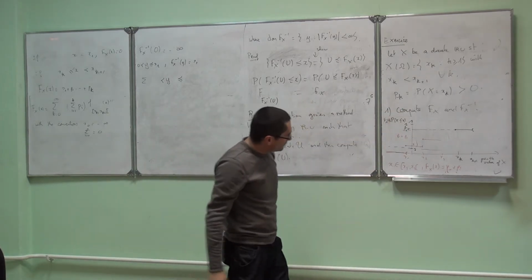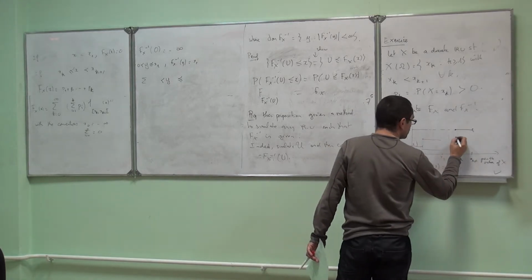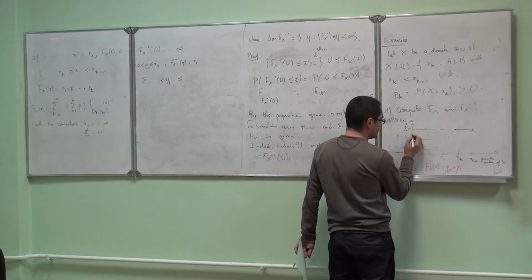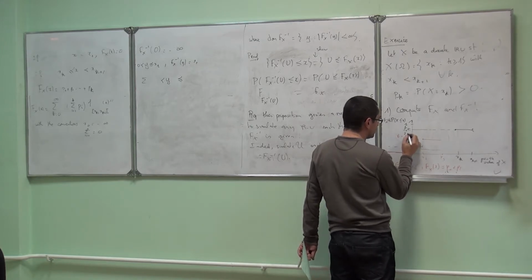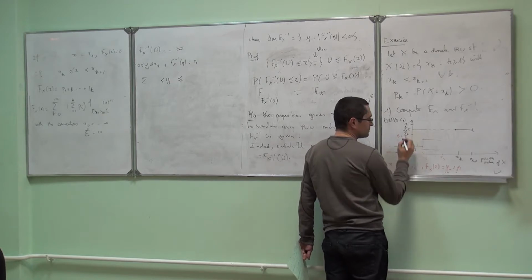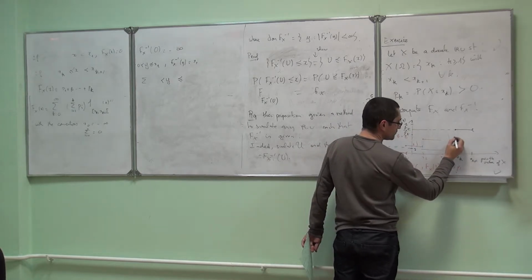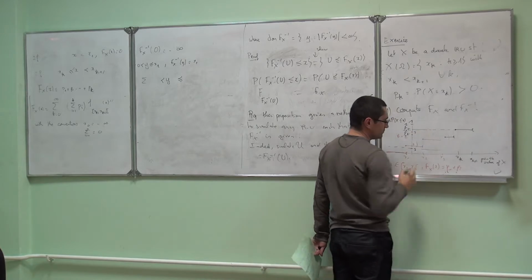So, if y is between this value and the previous one, so for i equals 1 to k minus 1, imagine something like that, actually. And y is between the two values.